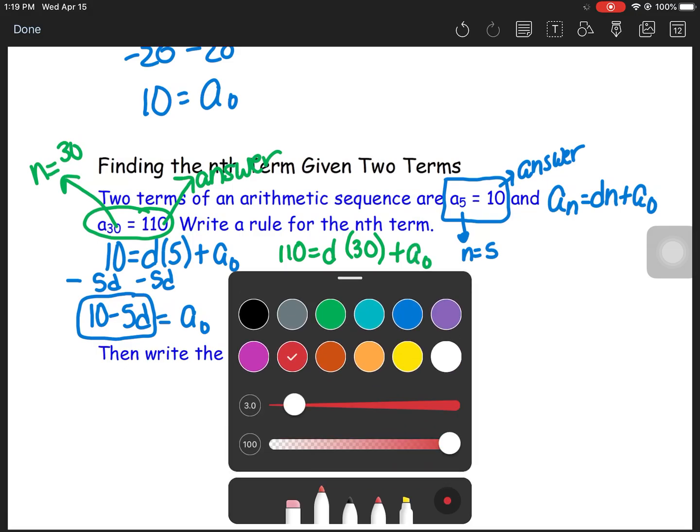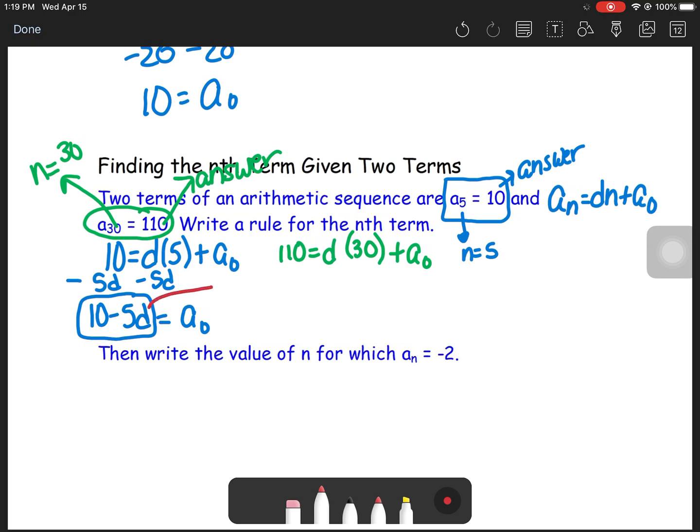What we're going to do now is take what we already solved, and we're putting it right in here for our a sub 0. So we have 110 equals 30d plus, instead of a sub 0, we're going to put 10 minus 5d. And now we're going to solve.